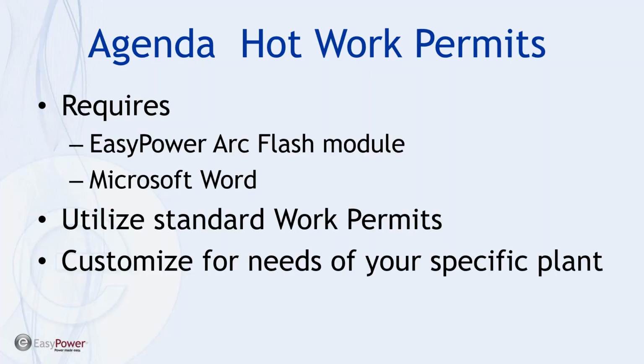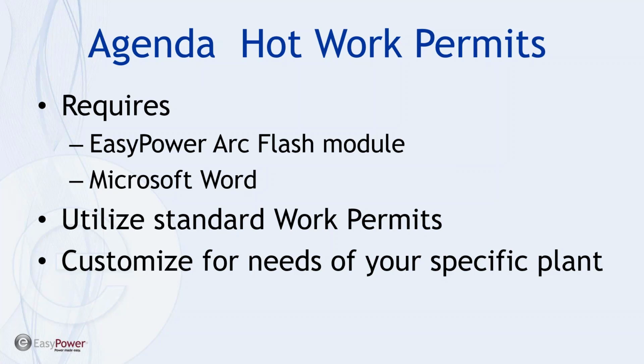So what we're going to do today is cover in a brief fashion what it takes to create a standard hot work permit as the tool has by default, and then work through an example of where I want to customize and the reasons I want to customize a work permit process, and give you some background information on how to do this for your particular systems.